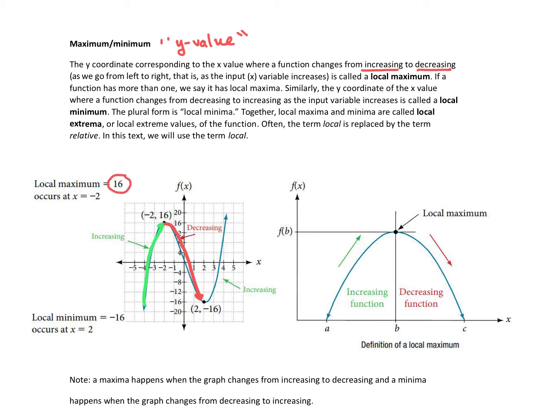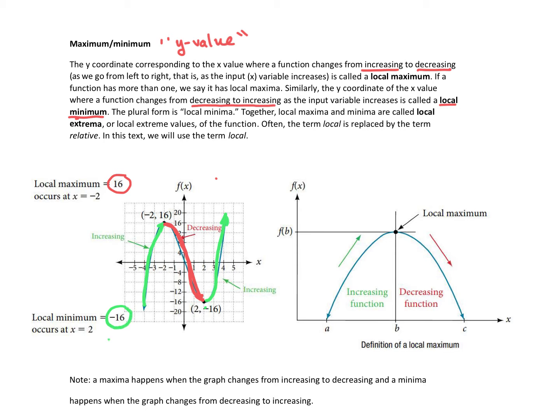If it goes the other way, if it decreases and then increases, then it's called a local minimum. So we have seen that this graph goes down to this point and then increases again, and at that point the y value is -16, so we have a local minimum of -16, and it occurs at x equals 2. So again, the max or the min is the y value.